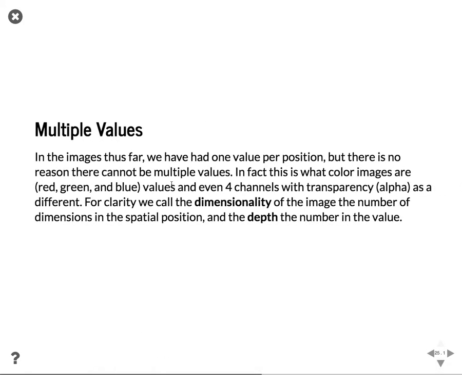Multiple values is really the last type of image we'll cover, where instead of having a single intensity at each point, you'll have multiple intensities at each point. This already applies to images from your phone or camera, where you have a red, a green, and a blue value at every point.